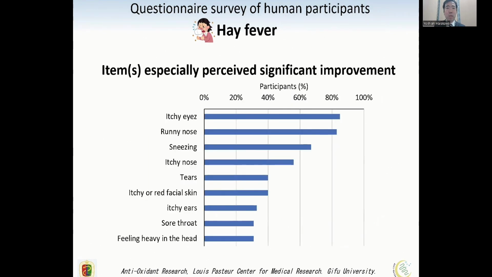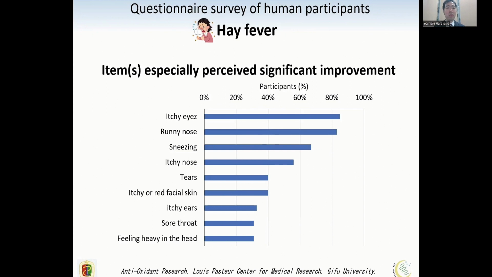We surveyed what specific symptoms showed improvement. The following symptoms were listed: runny nose, itchy nose, tearing, itchy eyes, sore throat, and itchy red skin on the face. For these symptoms, we summarized the percentage of participants who reported particularly significant improvement.